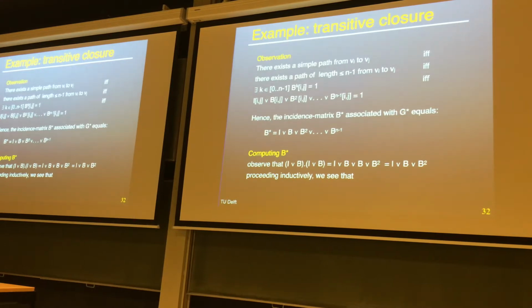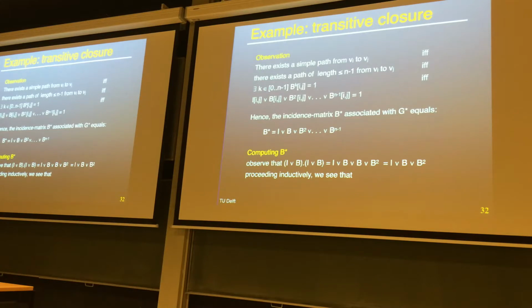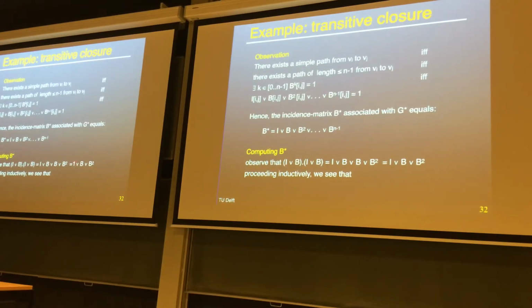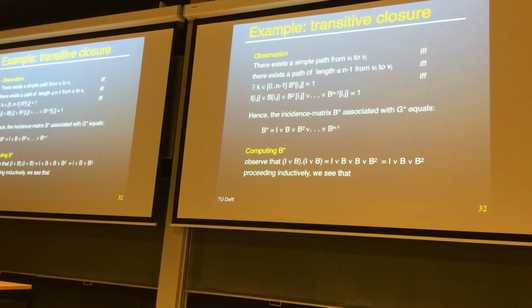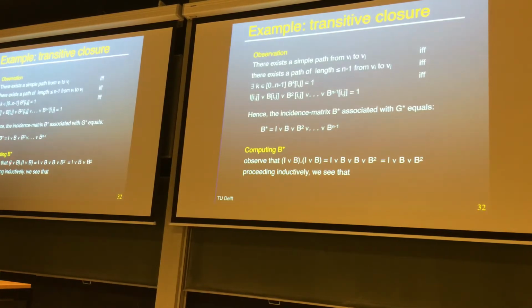B or B equals B, yeah? And B or I, of course, gives you I or B, so this reduces to I or B squared. Well, so this means that if you take k equals 2, you can also find it by taking I or B to the power 2.